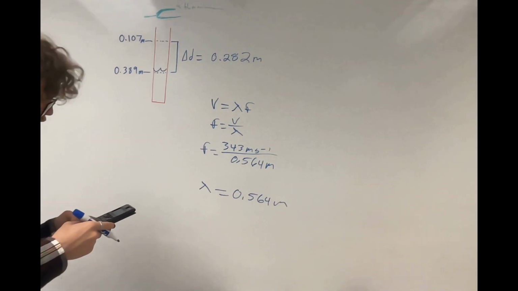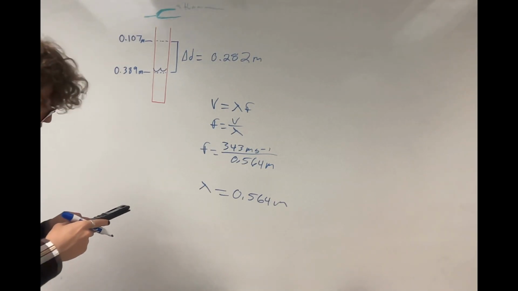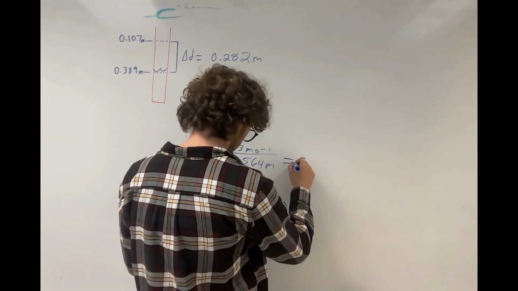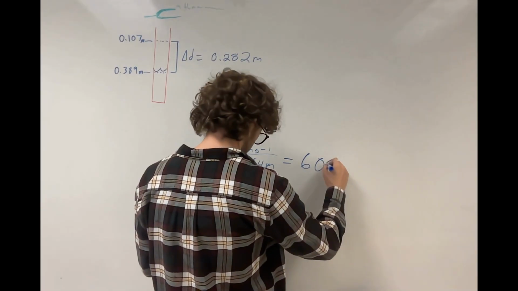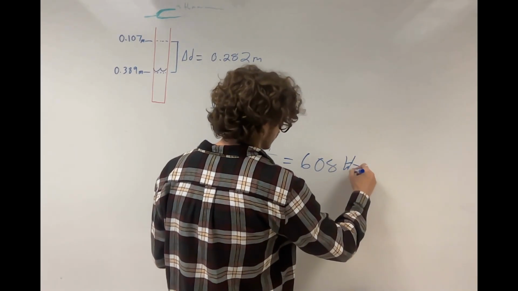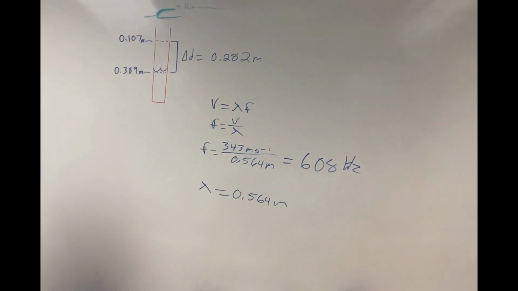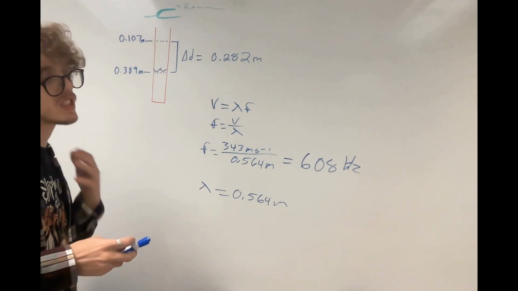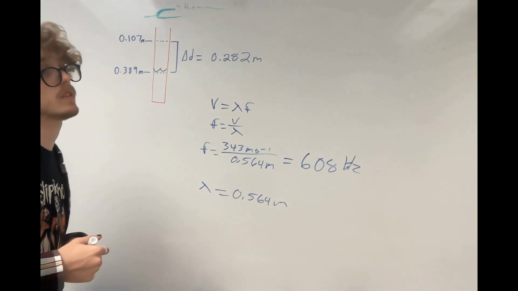Alrighty, so let's just do some simple division here. We're going to find that the frequency is equal to 608 hertz. Alrighty, so that's the answer there. You would advertise this tuning fork as roughly 600 hertz, 608 hertz to be exact.